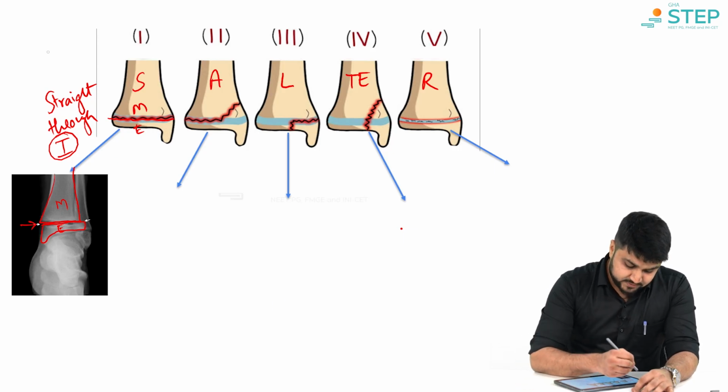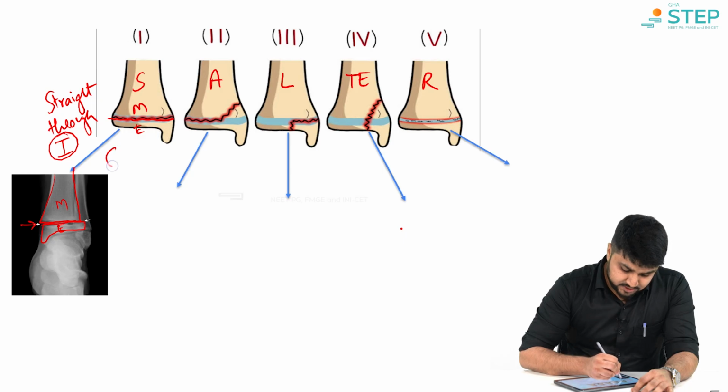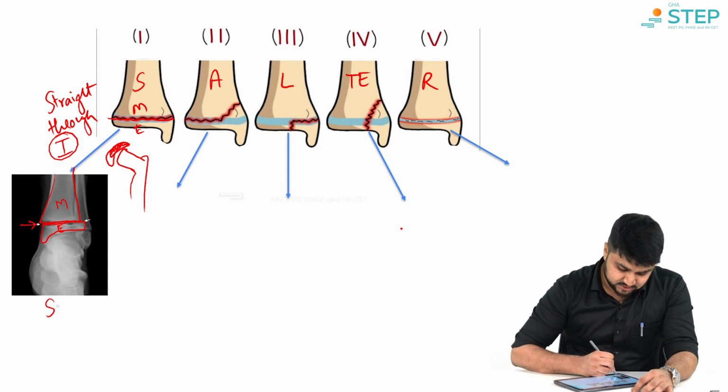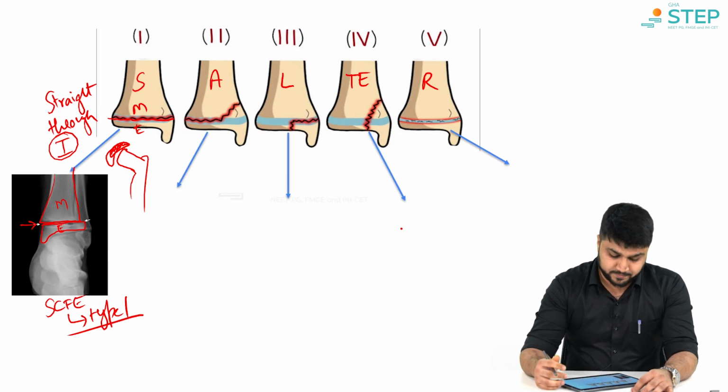In slipped capitofemoral epiphysis, you have the femoral epiphysis and the femoral metaphysis. This epiphysis slips over the metaphysis, and SCFE is basically an example of a type 1 Salter-Harris injury.